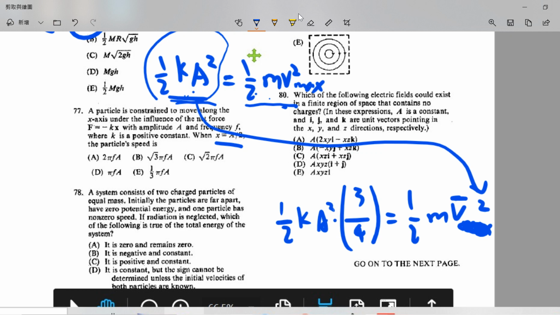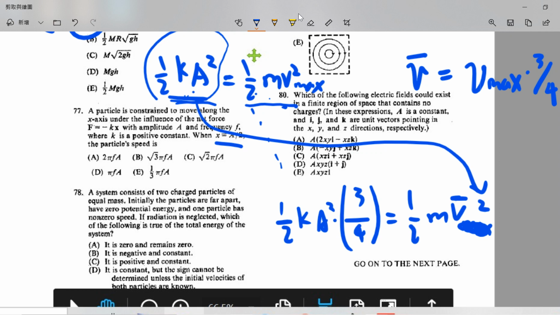Okay, if you compare these two equations, what you get is that v squared is v max squared times 3 over 4.